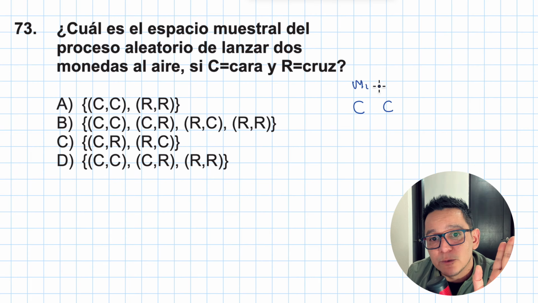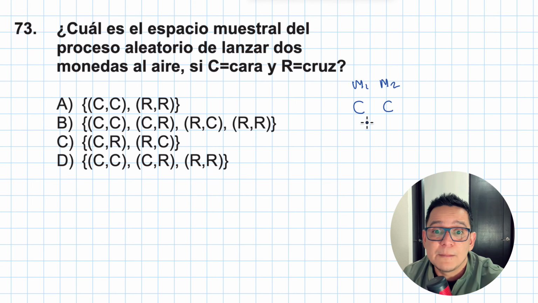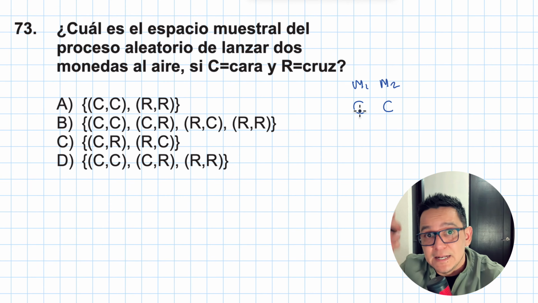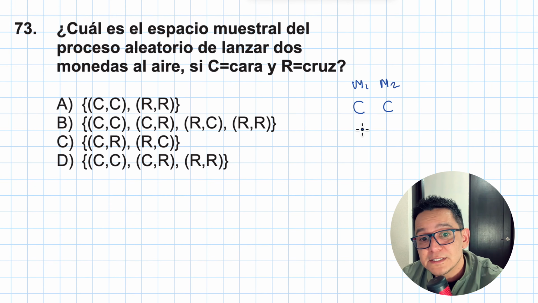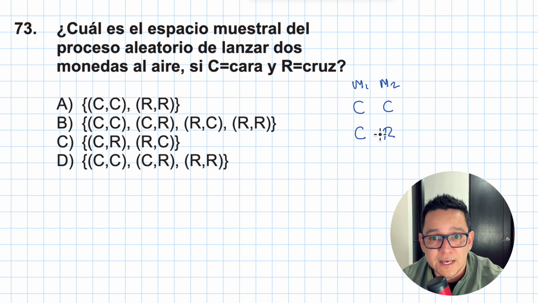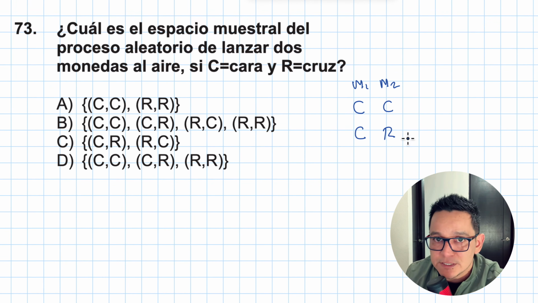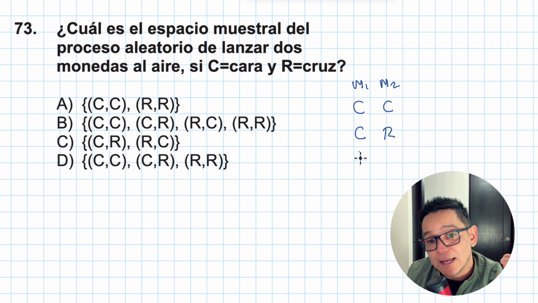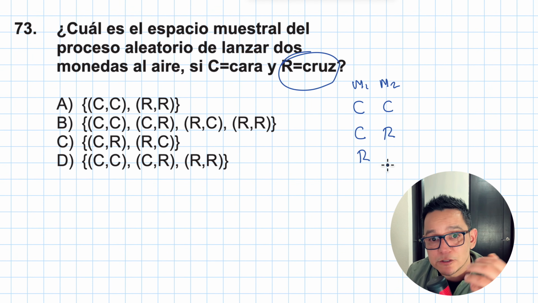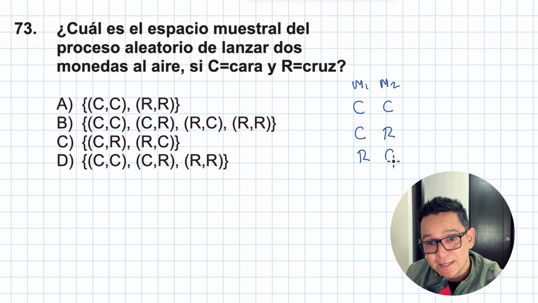Look, this is coin 1 and this is coin 2. It could be that the first one comes up heads and the second one comes up heads, so it could be heads, heads. Or it could happen that the first one comes up heads and the second one comes up tails, which is represented with an R, so it could be C, R. Or it could be the other way around: the first one comes up tails and the second one comes up heads.